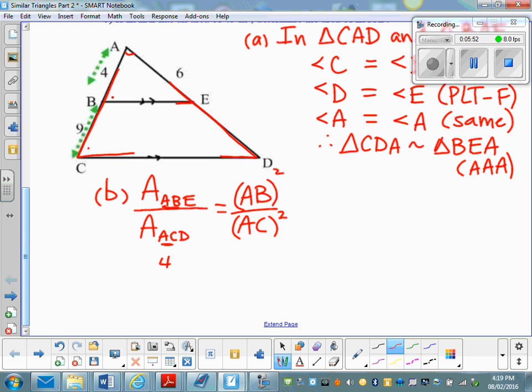So I have 45 on the top here. I don't know the area of ACD. That's what I'm trying to find. AB is 4, so this is going to be 4 squared. And AC, so A all the way down to C is 9 and 4. That's 13 altogether. So that's going to look like that.